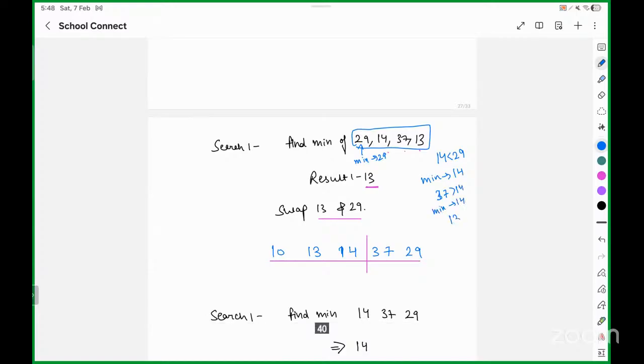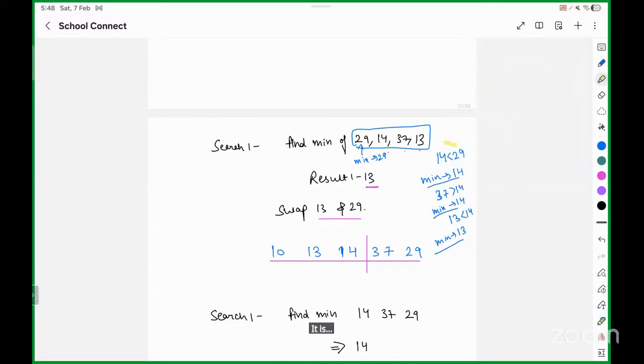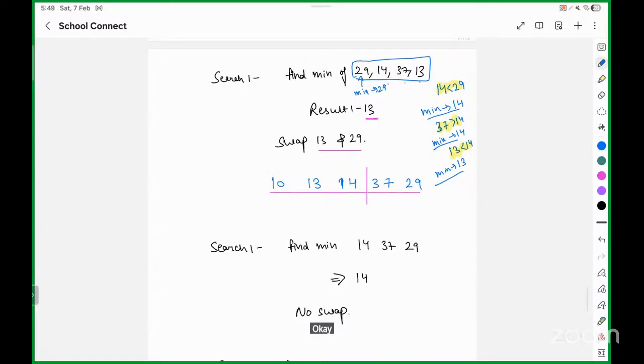And then you see that 13 is less than 14, so now your minimum is changed to 13. Now again, how many comparisons did it take? 1, 2, and 3. So the number of comparisons is 3.